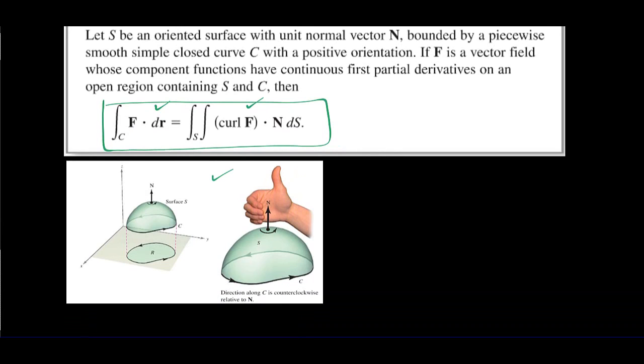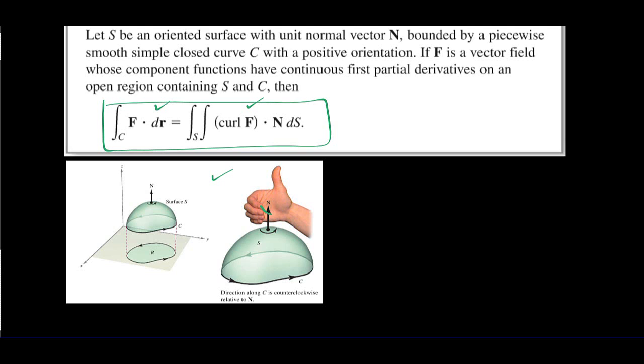If you think about the normal coming out of the surface, heading outward, and you imagine grabbing the normal with your right hand, if the curve is oriented positively, your fingers will point in that direction. So notice this one's fingers. It's pointing in the direction of the curve.